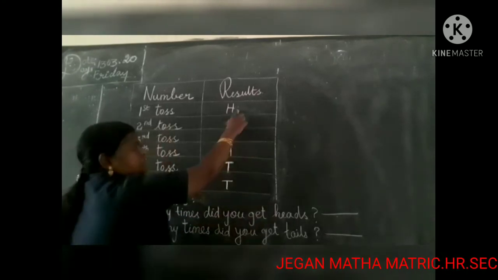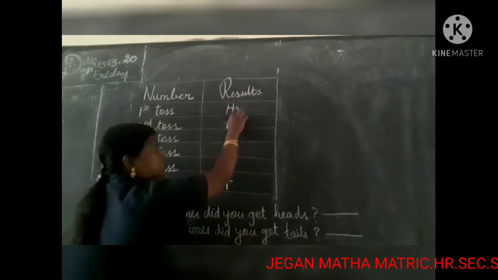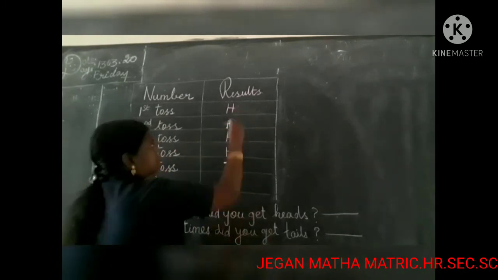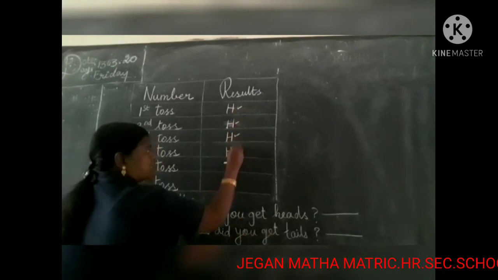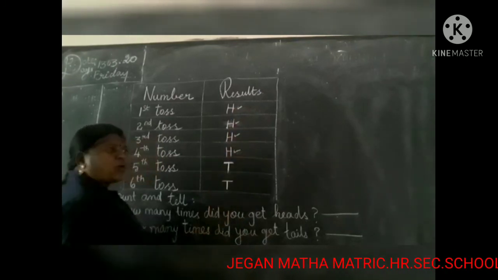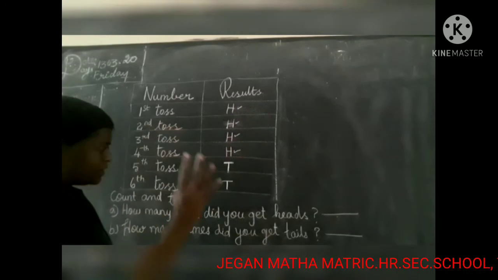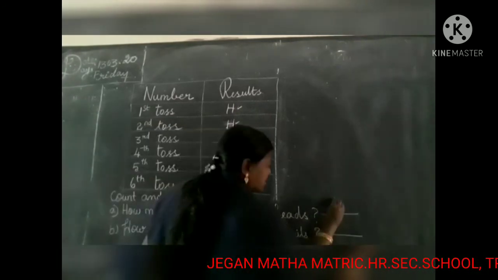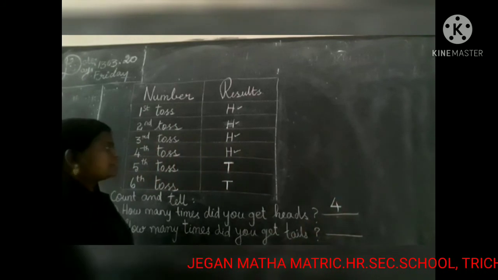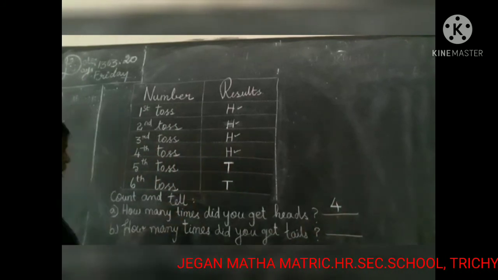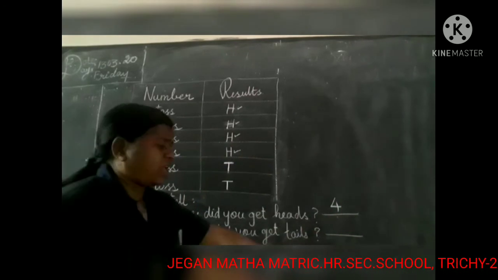H is for head, so we are going to count H alone. 1, 2, 3, 4. How many H are here? 4. So, 4 heads.